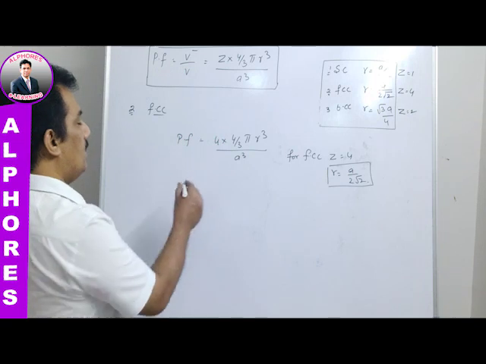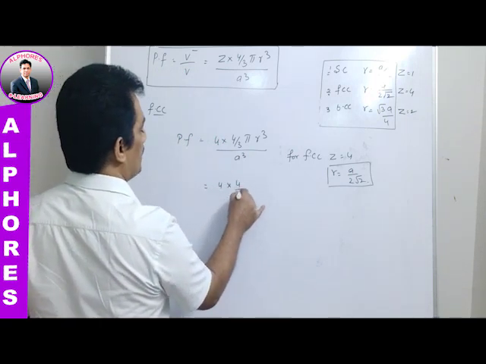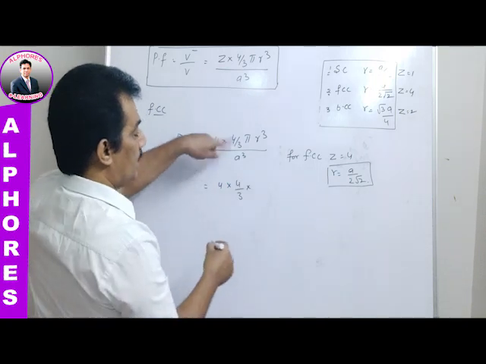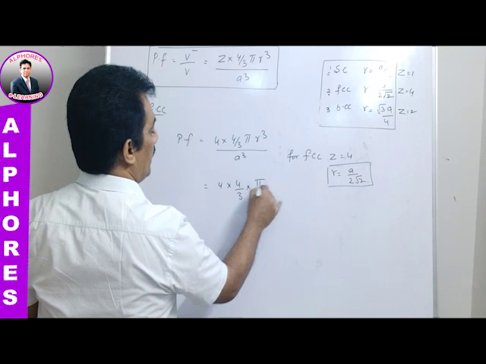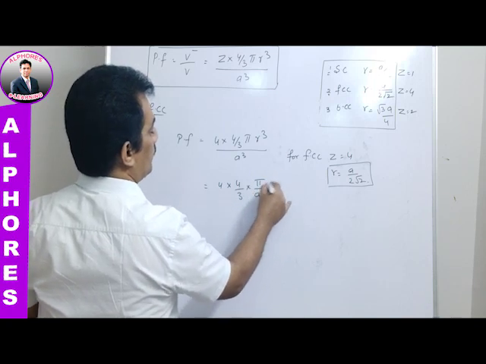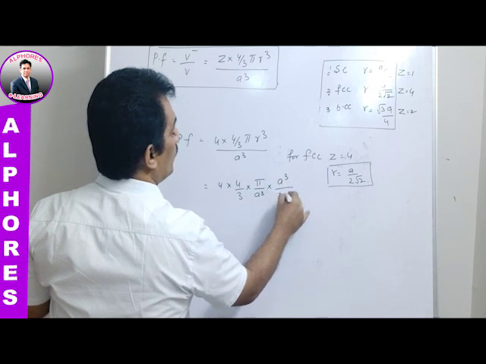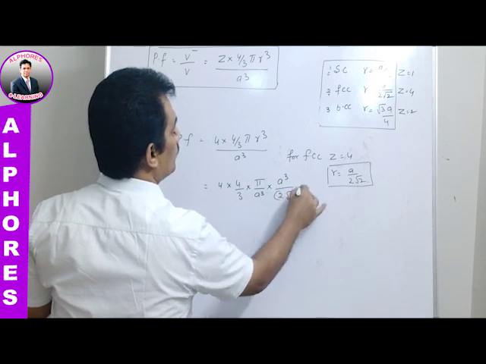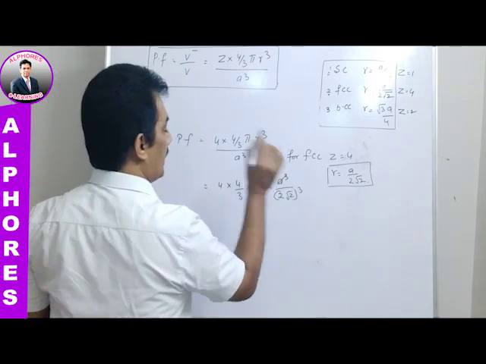Clear? And now let us solve this. 4 into 4/3. For convenience sake, I am separating the denominators and numerators. π by a³ into r³, that is a³ by (2√2)³. Clear? And now a³ gets cancelled.